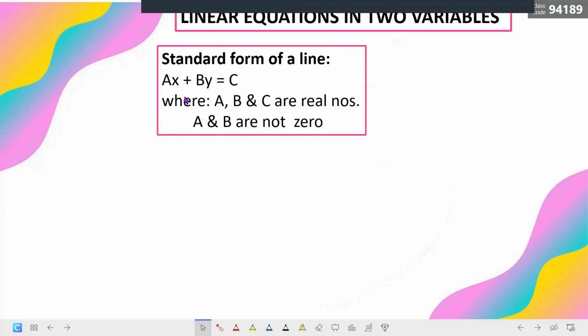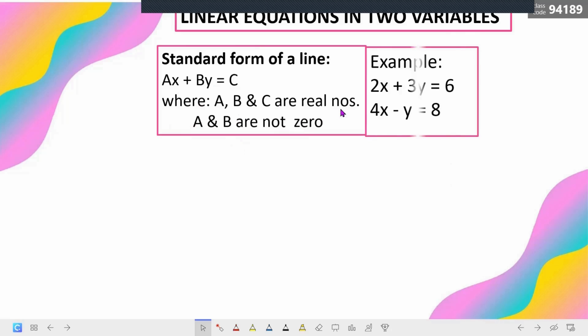Let's have a quick recall on the standard form of a line when we have linear equations in two variables. It's written as ax plus by equals c, where a, b, and c are real numbers, and a and b are not zero. For example, we have 2x plus 3y equals 6 and 4x minus y equals 8.